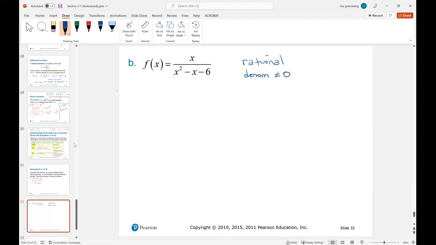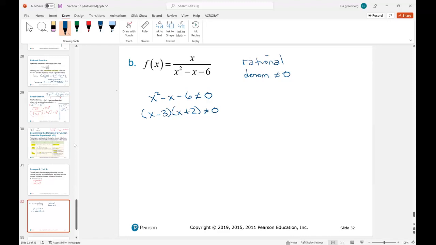So how do I find out when it equals 0? Well, I set it equal to 0. X squared minus x minus 6 cannot equal 0. Well, let's factor it. If I factor it, I get x minus 3 times x plus 2. And again, that can't equal 0.